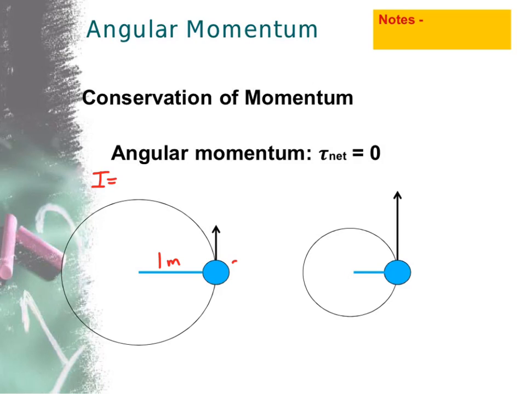And you need to know its mass. So let's say this is 2 kilograms. So its moment of inertia is mr squared. And that would end up being 2 kilograms times 1 meter squared. So the moment of inertia of this ball is equal to 2 kilogram meters squared.